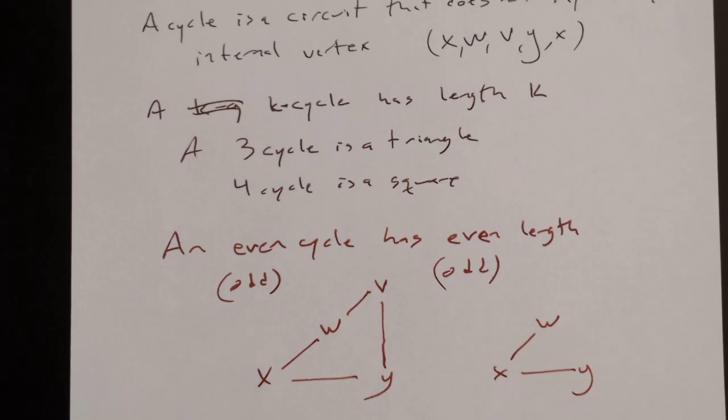I'm left with a path. Every time, because there's no repetition in a cycle, I don't repeat edges, don't repeat vertices, I get a path. If you break a cycle, you get a path.